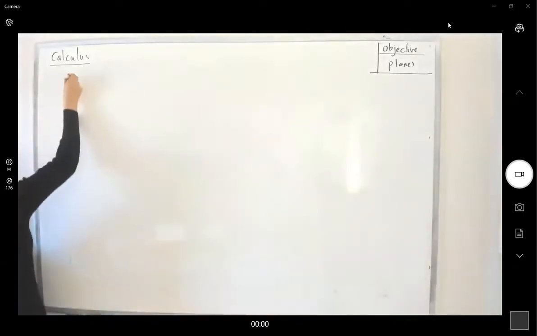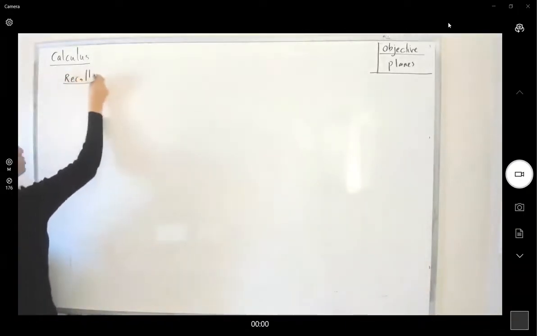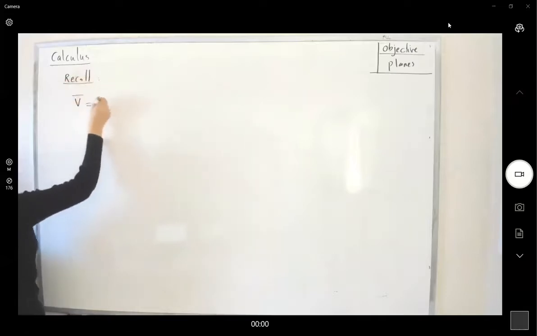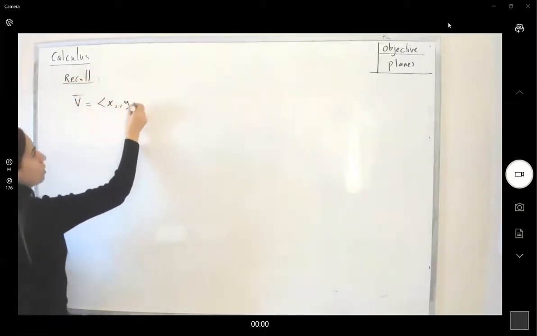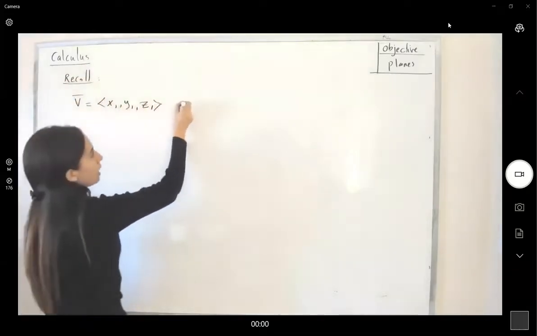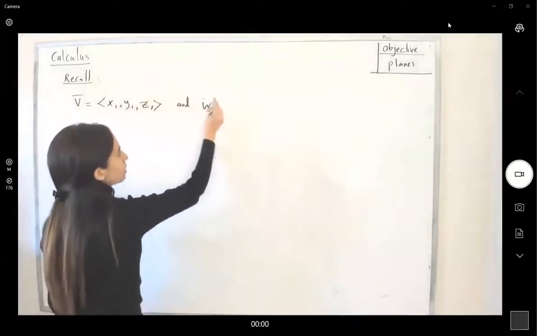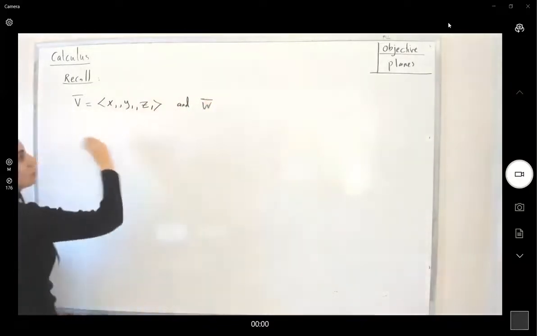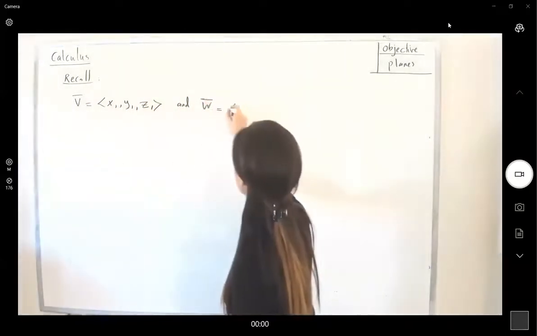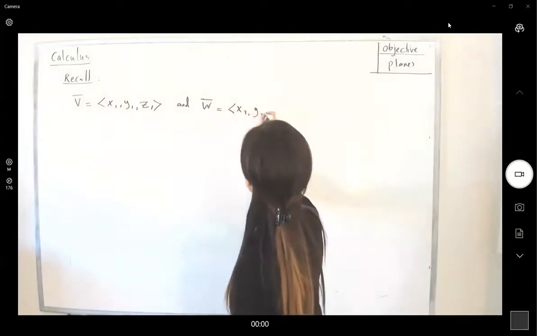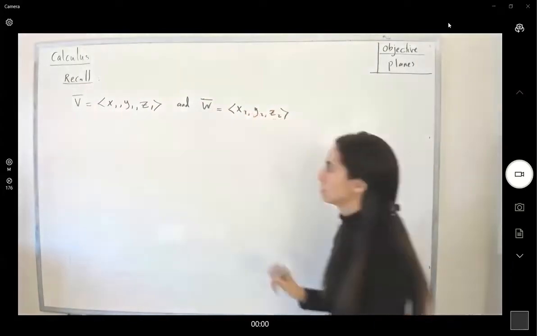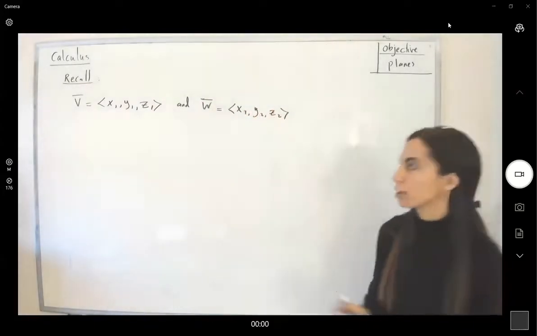Recall that if we have two vectors, v equals (x1, y1, z1), and a second vector w with components x2, y2, and z2, we can construct a dot product.